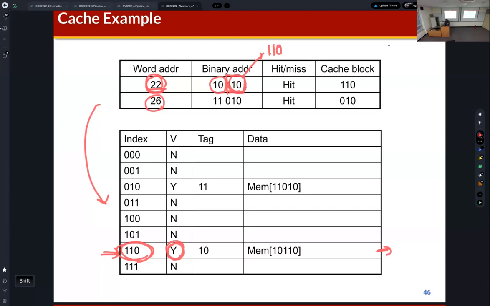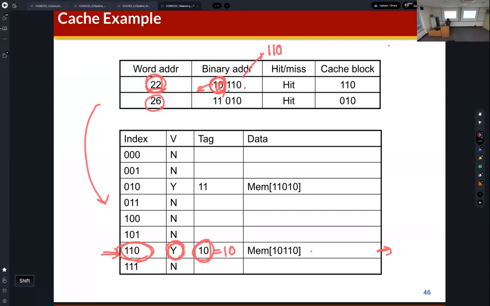So this is the cache index. You can just compare the others. So this is 10. It's the same as the tag stored in the cache, which means that the request data is found in the cache. You understand?